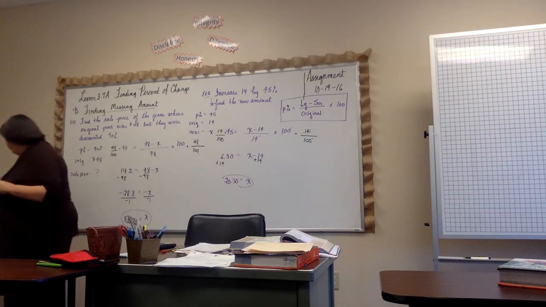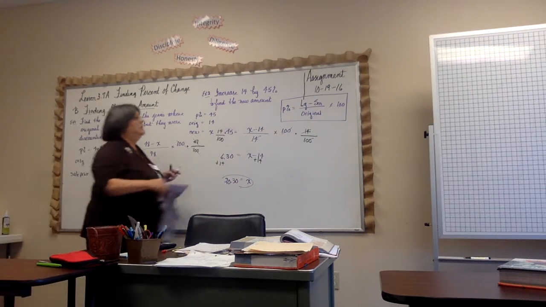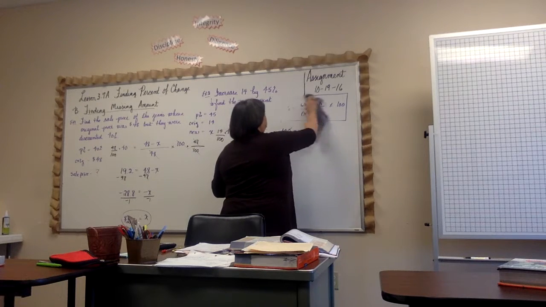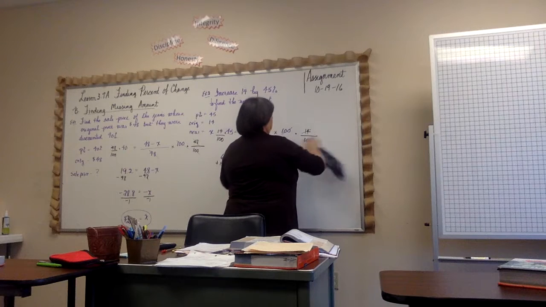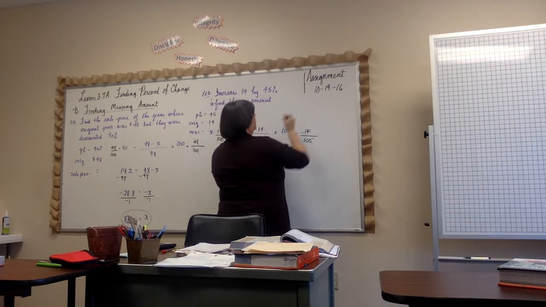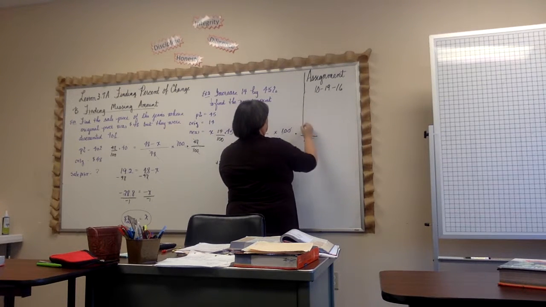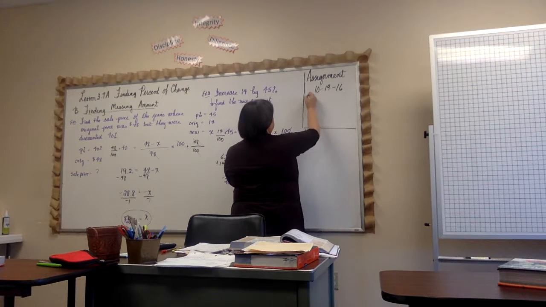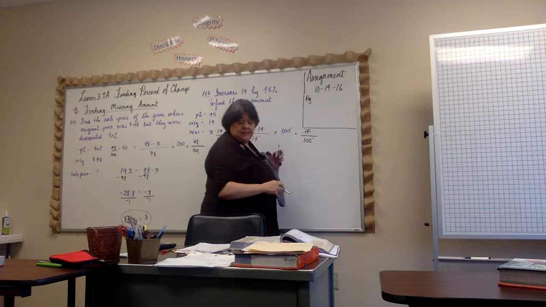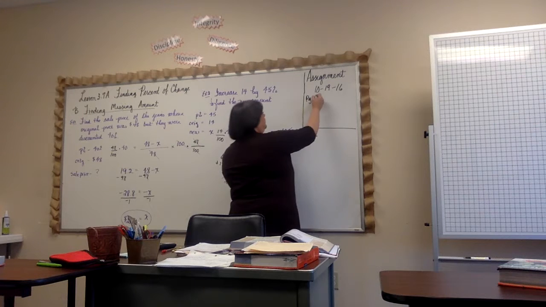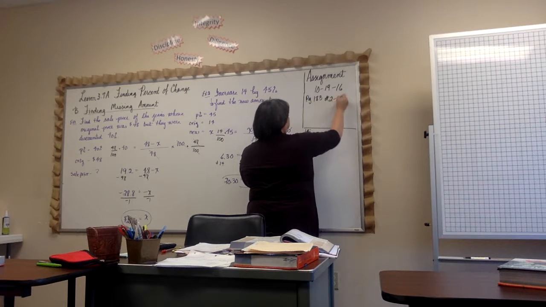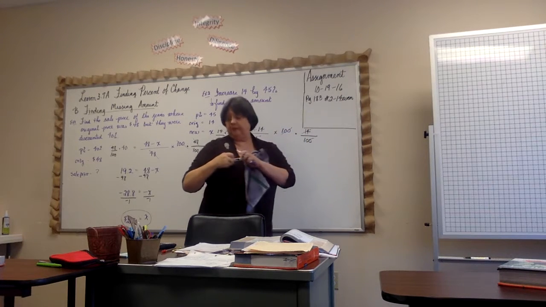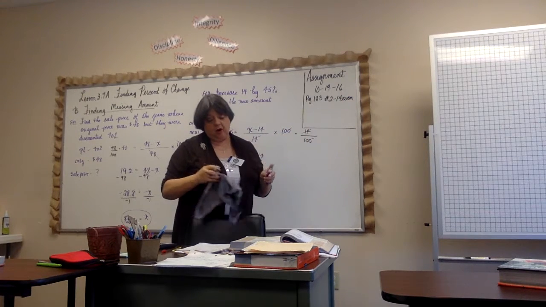For the first part of your assignment, I'm just going to have you do 7 problems out of the book. On page, what did I say? 183. We're going to start with number 2 and go through 14. We're only going to do the evens. So that's just 7 problems.